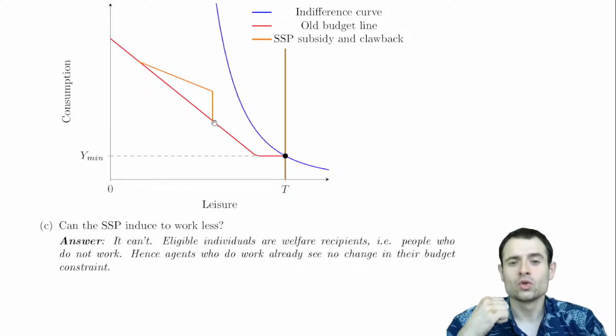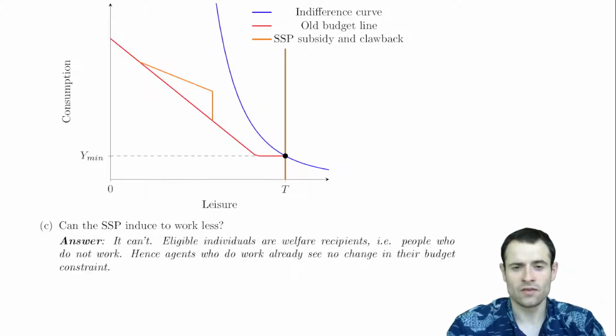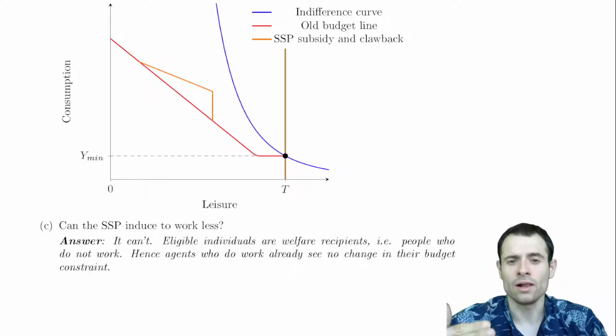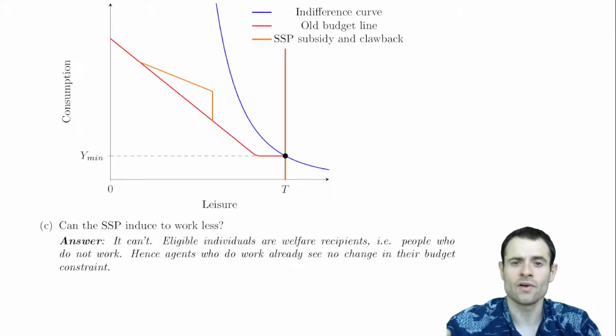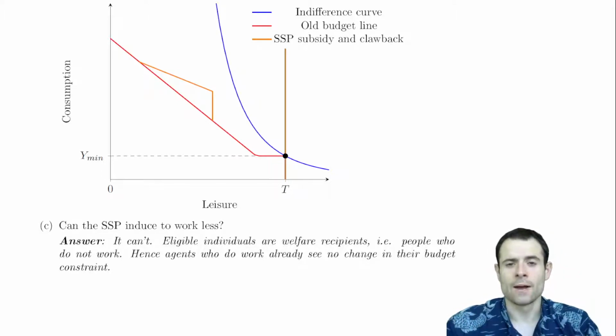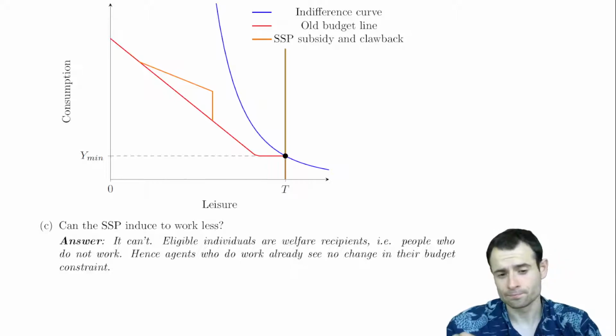Some individuals who do not work might still not want to work because the benefit is not good enough. Others might start to find it worthwhile and might decide to work a positive amount of hours. The SSP is still under trials in different states.